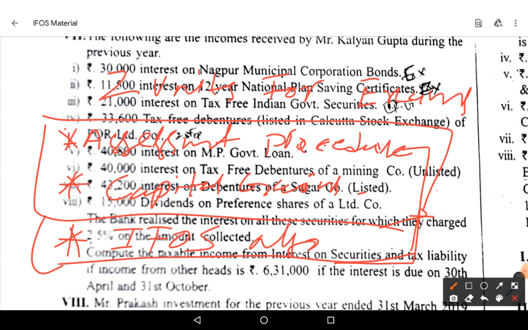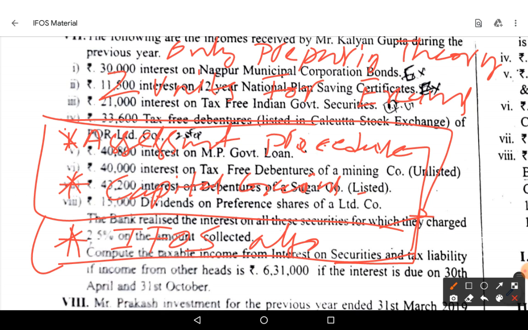Prepare 3 units. Some are only preparing theory, that is provisions of income tax. That also makes a big problem for you all. Suppose in assessment procedure only theory is there, he will give a theory question from here.